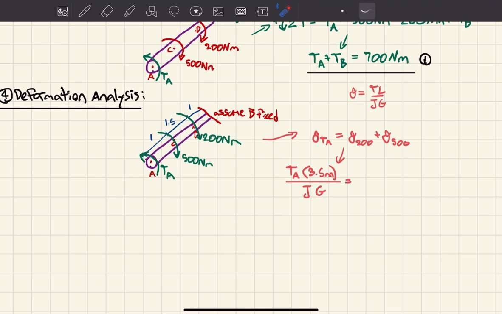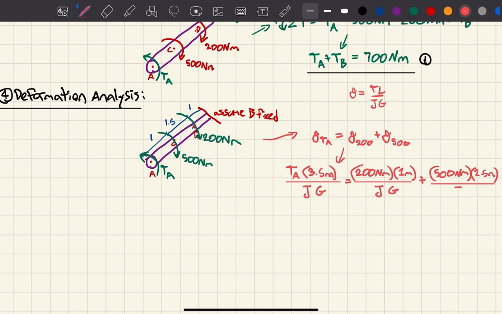Okay, my torque for this 200 Newton meter deformation. Well, that's simply 200 Newton meters at a distance of 1 meter, divided by JG, plus 500 Newton meters at a distance of 2.5 meters, divided by JG.